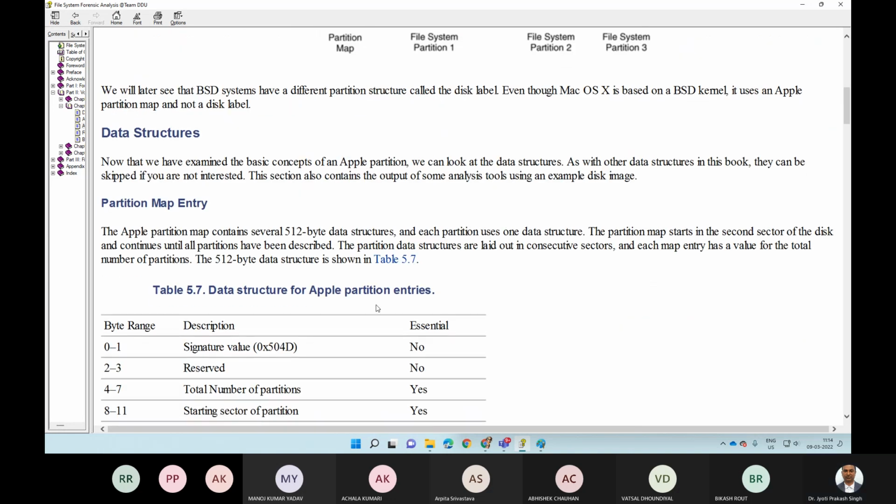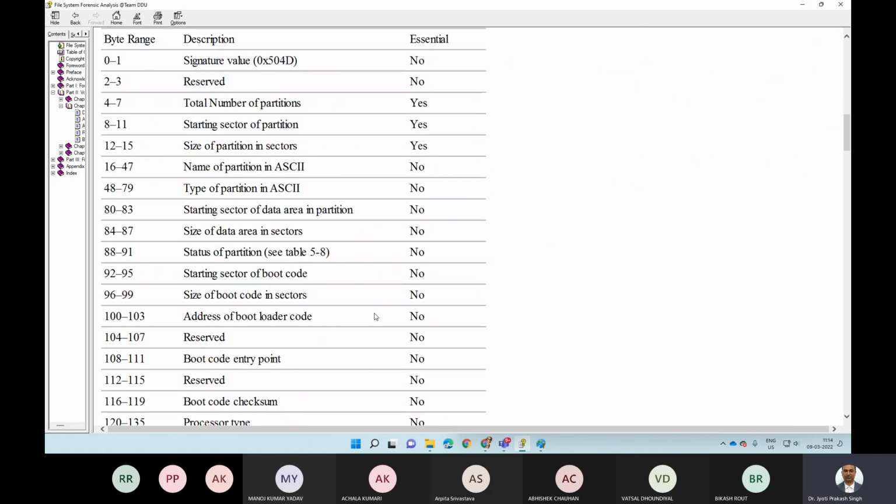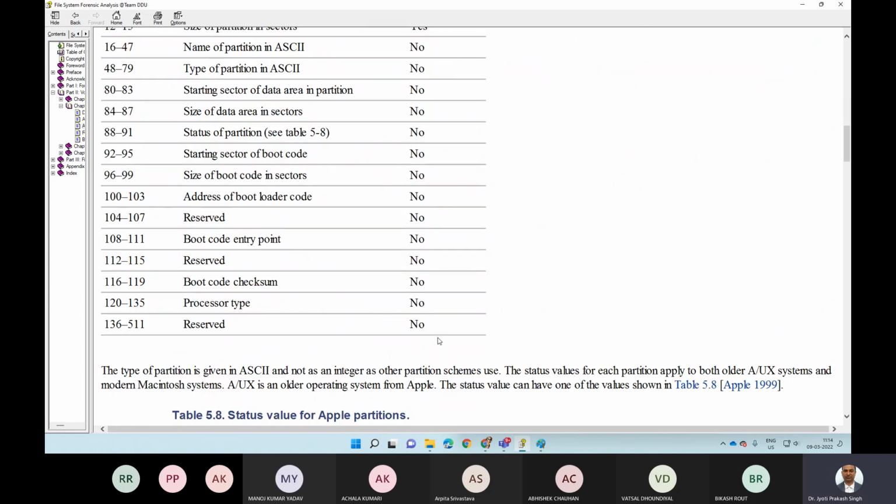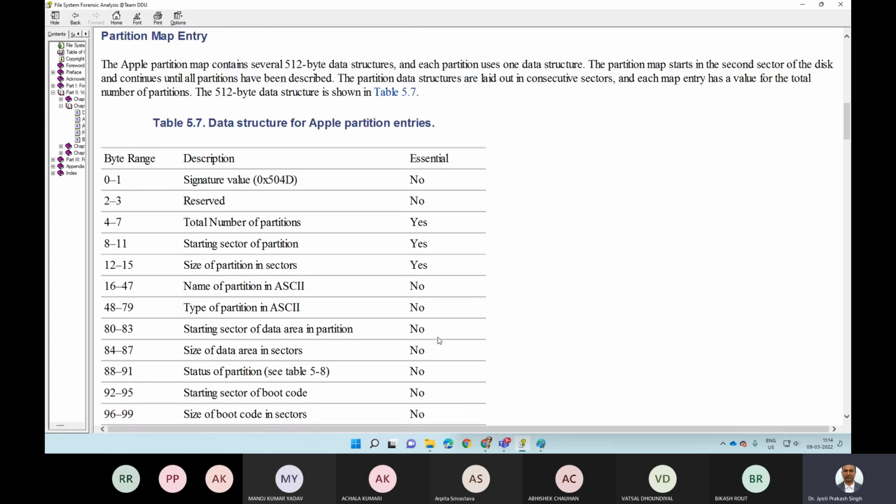You can see here how things are stored. They say that the 512 bytes of a sector are reserved something like this. They have a signature value, and the signature value is normally 504D. Remember this.